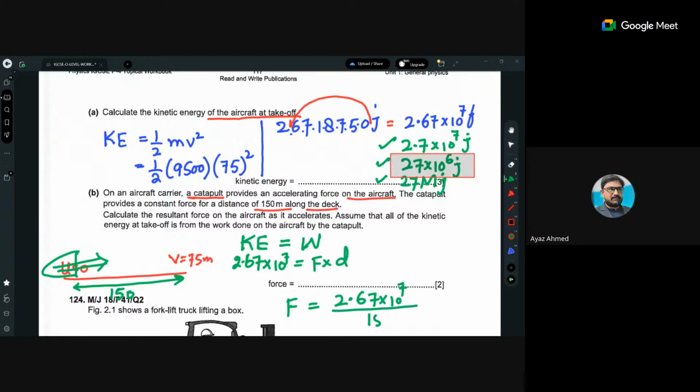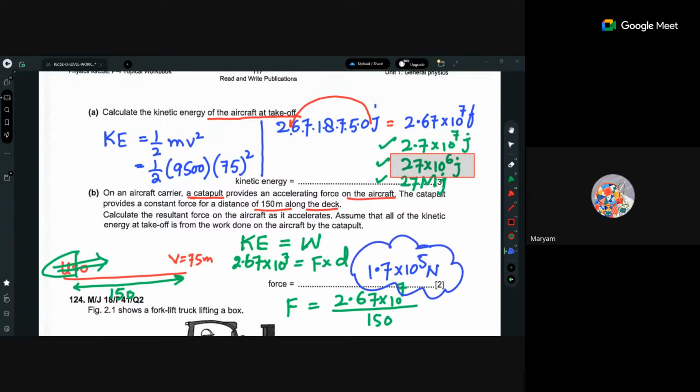So how much force is the catapult providing? Yes, well done. 1.7 times 10 raised to the power 5 newtons. You will use that answer.